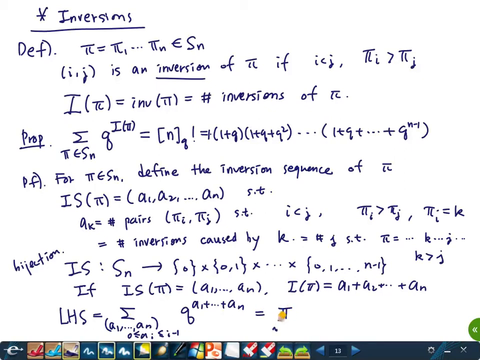That means i goes from 1 to n, and you can factor this out. a_i is from 0 to i minus 1, q to the a_i, because they are all independent. But this is nothing but the q-analog of i, so the product is n q-factorial. That's the proof.